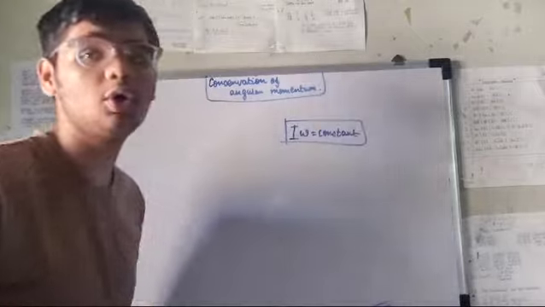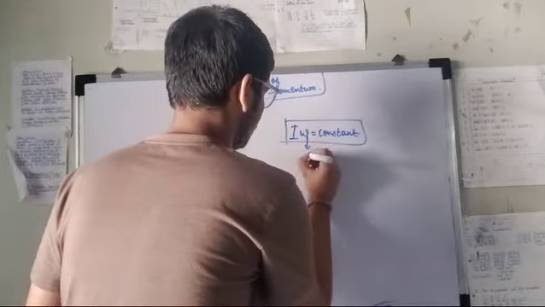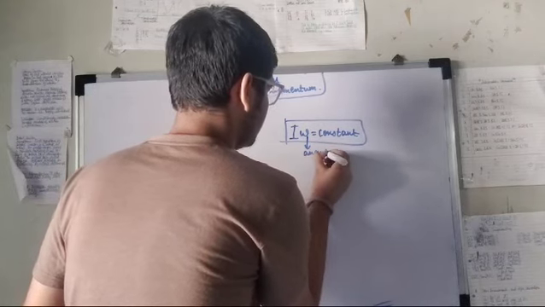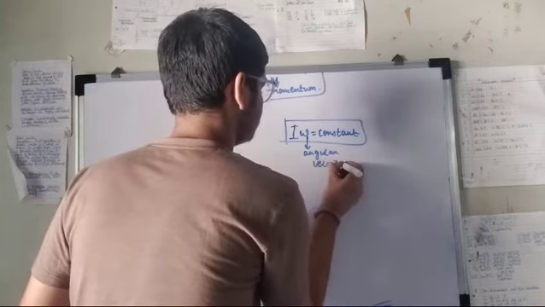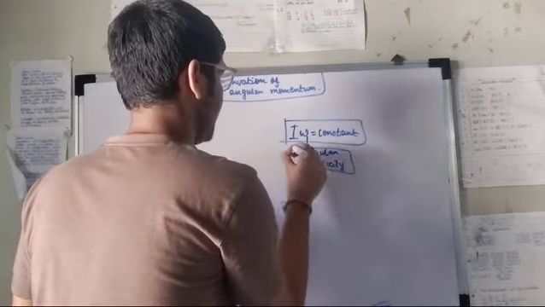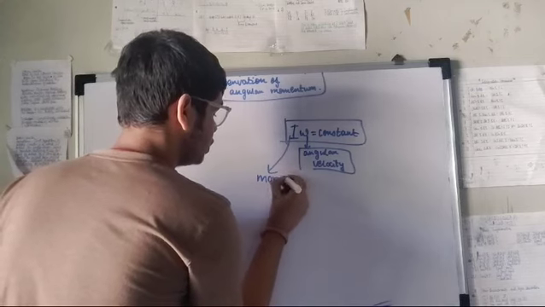As you know, omega here is the angular velocity, and I here is the moment of inertia.